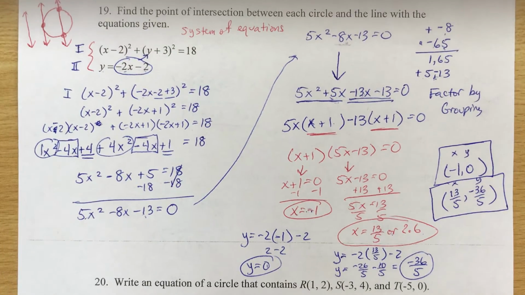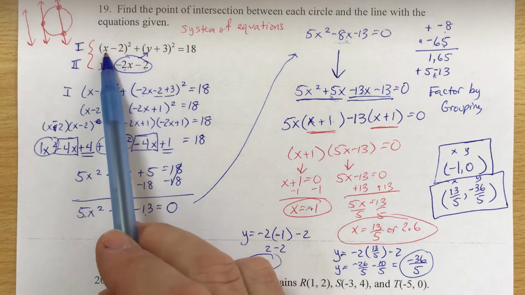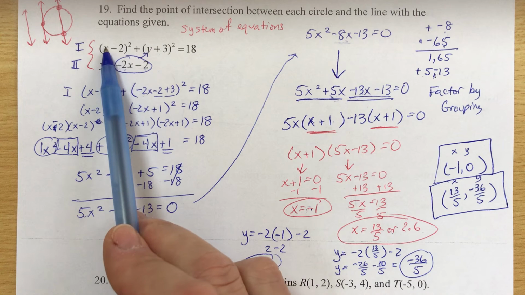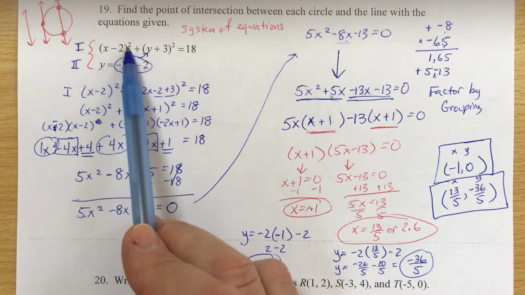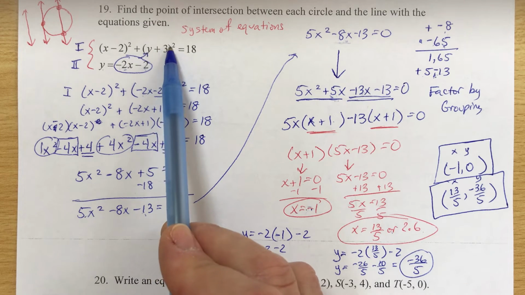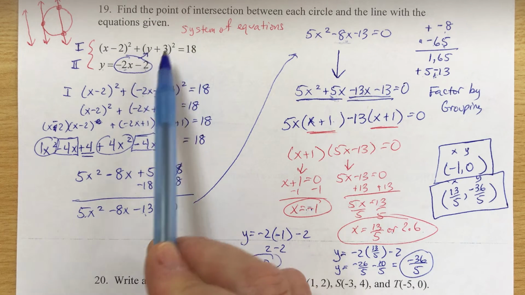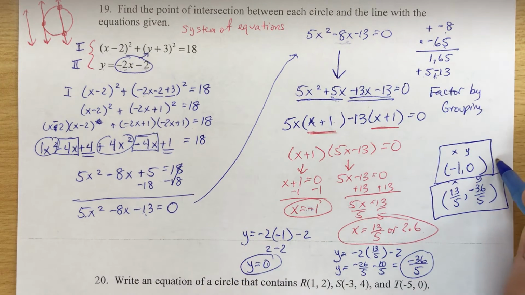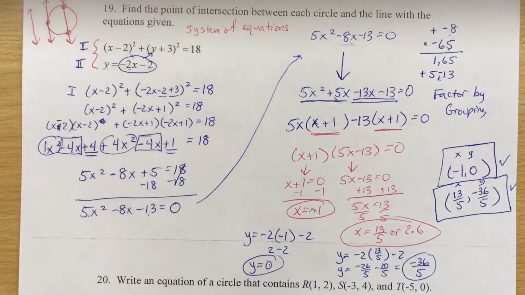Now, is that accurate? Well, you could plug these back in and see. If I put negative 1 in, that would be minus 3 squared, that's 9. 0 plus 3 is 3 squared is 9. 9 plus 9 is 18. Negative 2 times negative 1 is 2. Minus 2 is 0. So this one checks. This one will also check.